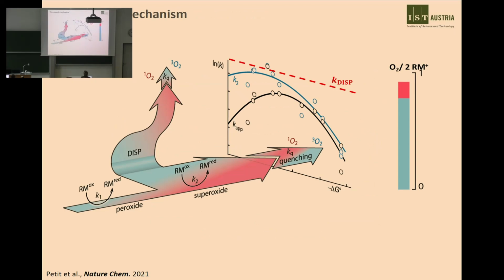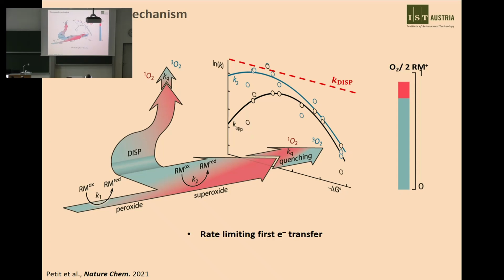After the first oxidation step to a superoxide intermediate, we have 2 branches, disproportionation or a second oxidation, whose kinetics is controlled by Marcus theory, which finally gives the ratio of which oxygen form we are emitting.